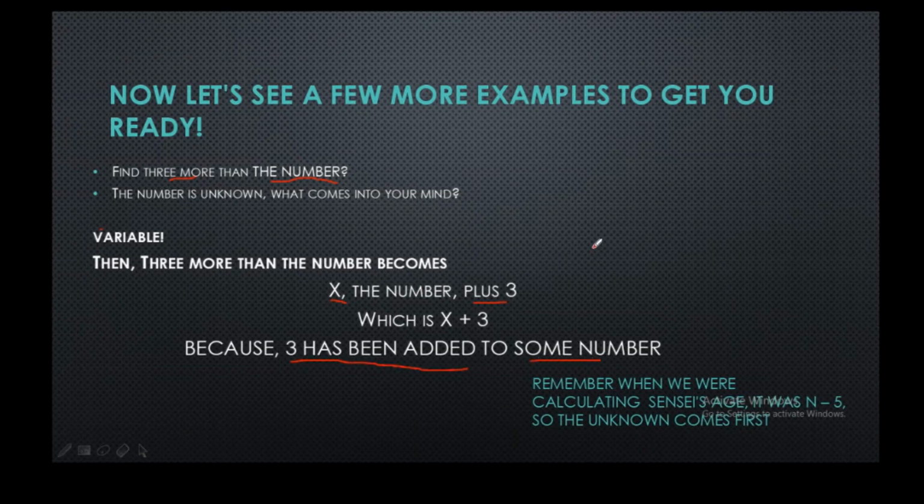The number was here, and you decided to come and add 3 to it. So who was there first? The number, of course. So in this case, you can't come and add the number to 3 because 3 wasn't there. The number was there and 3 was added to it. So remember when we were calculating Sensei's age, it was n minus 5. So the unknown comes first.